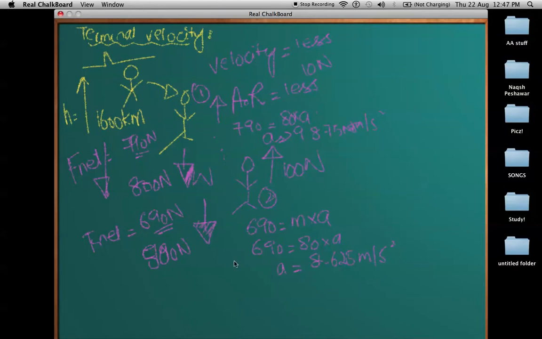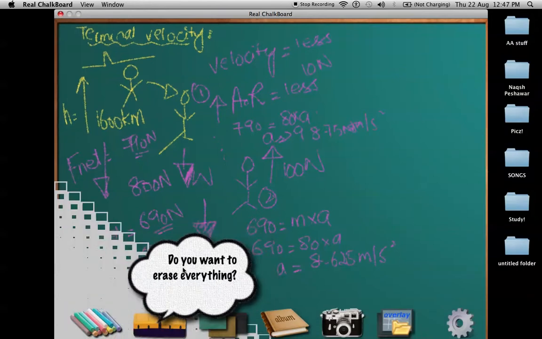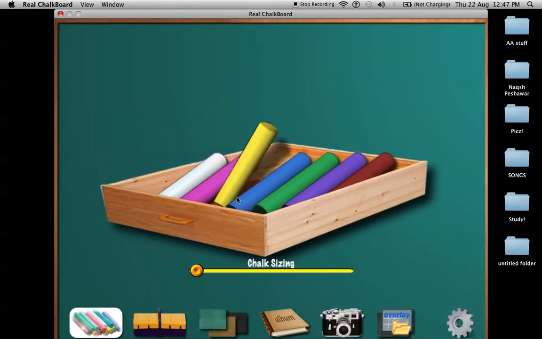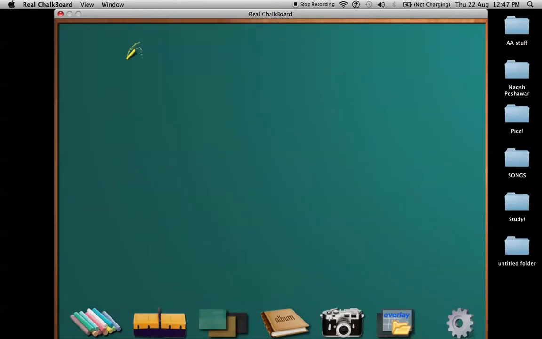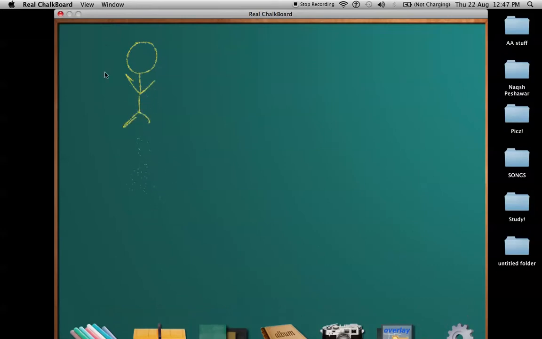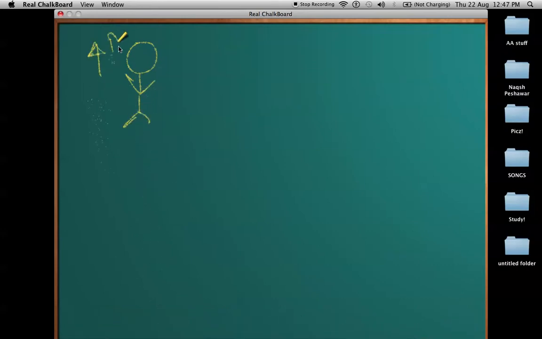So this is going on, and as the speed is increasing, the velocity is increasing, the air resistance will increase, and finally it will come to a point where the air resistance of the man equals the weight of the man.